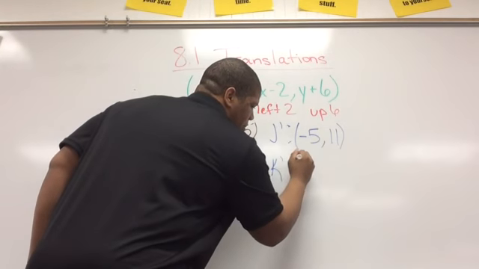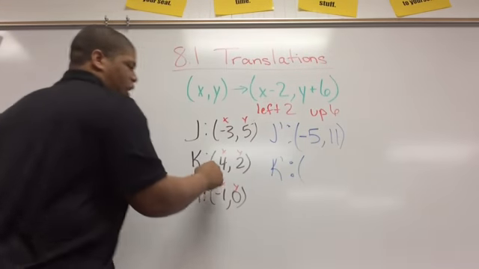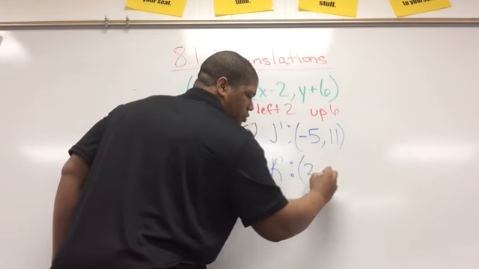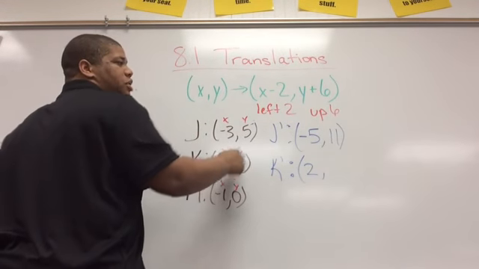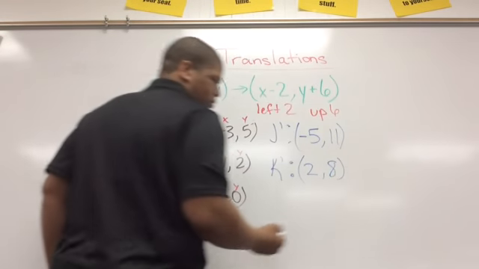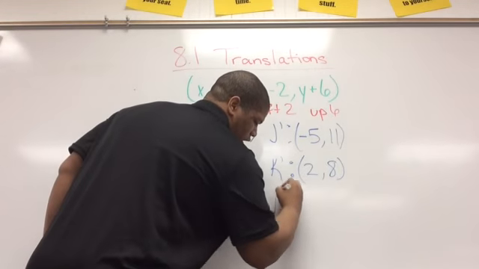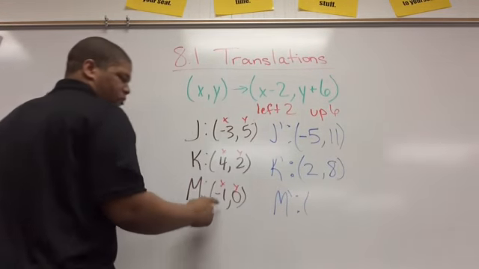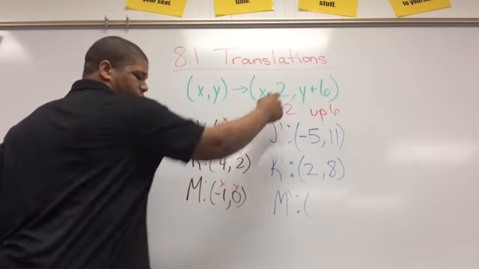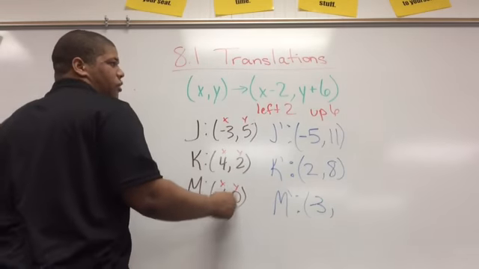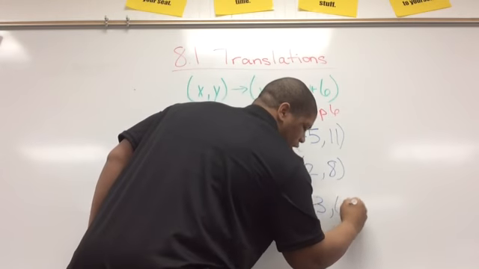My K prime, x, which is 4, minus 2 gives me 2, and then y, which is 2, plus 6 gives me 8, and M prime, I have negative 1 minus 2, which gives me negative 3, and 0 plus 6 is going to give me 6.